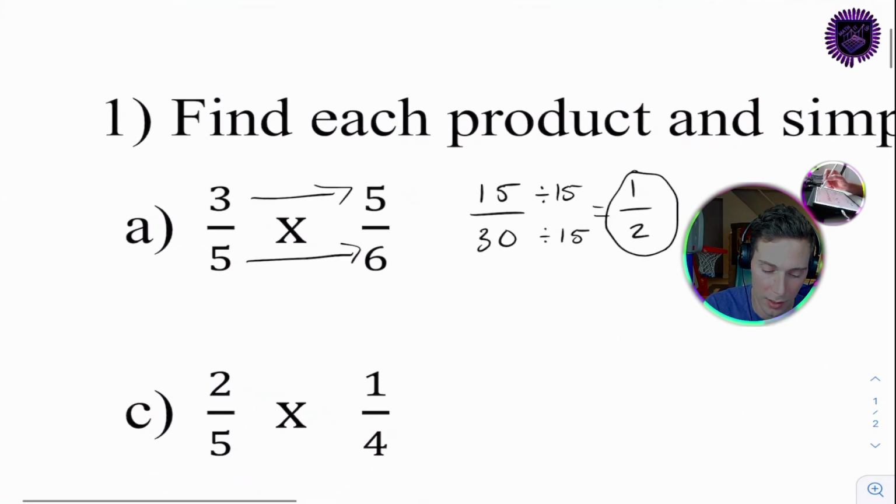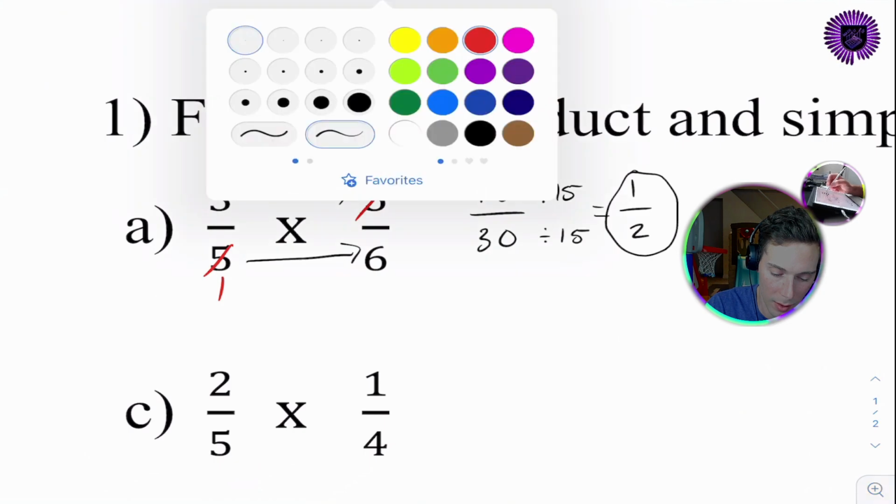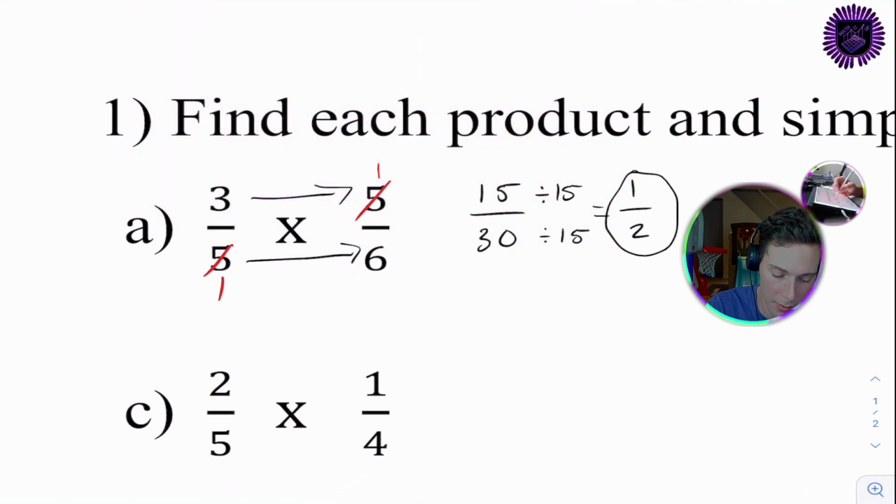And so what that looks like is, let's change my color here. I can go 5 and 5, and they would be simplified out to 1. That's 5 divided by 5 is going to be 1. And on the opposite side, I can do the same thing with 3 and 6. They have a common factor of 3, where 3 will go into 1 there and 2 there.